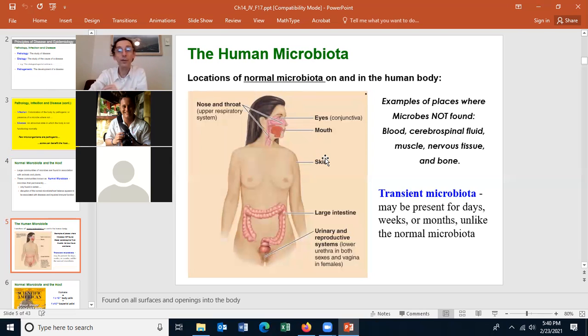That's different from a transient microbiota, which could be present for days, weeks, or months, but it's not the normal microbiota. It's only transient. I once had an example of a transient microbiota.